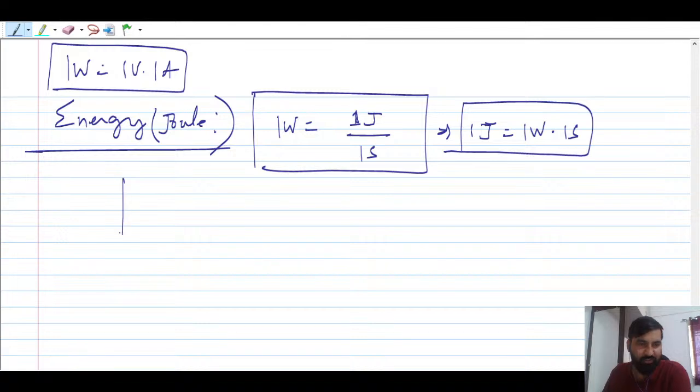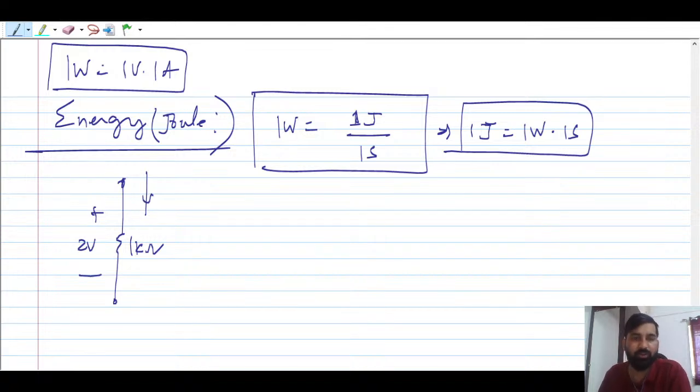Suppose we have a resistance here, a 1 kilo ohm resistance, and the voltage across it is 2 volts. You can quickly find the current from Ohm's law. Ohm's law is one of the very good laws that gives you the defining relationship between voltage and current through any passive element.